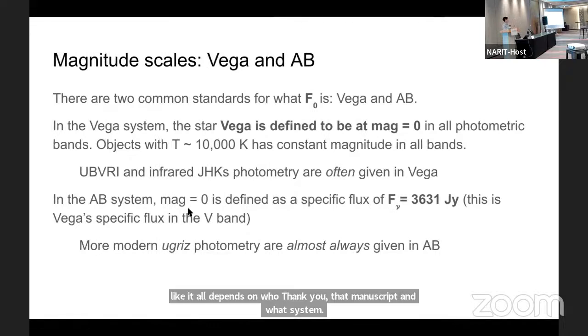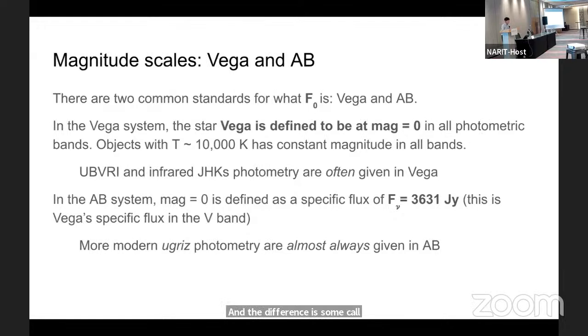In a different system called AB, I'm not actually sure what it stands for or why it's called AB, zero magnitude is defined as a specific flux of F nu, the frequency dependent version. F nu of this unit, 3631 Jansky.